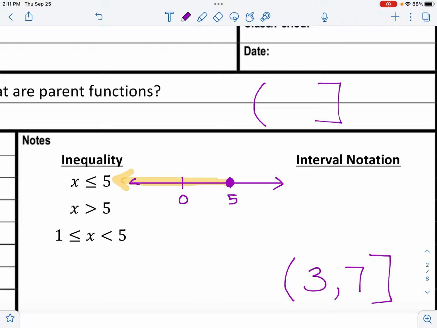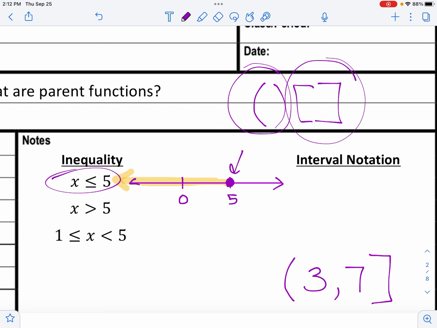So you could have brackets facing this way or this way, parentheses this way. You use parentheses if the number is not included, and you use brackets if they are included. So in this particular case, this number 5 here is part of the solution set, so we would use a bracket next to 5.